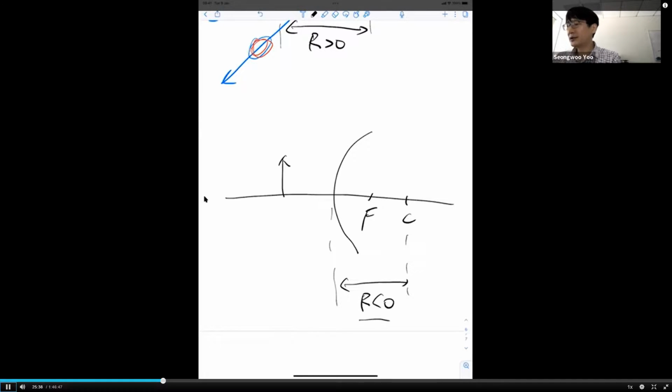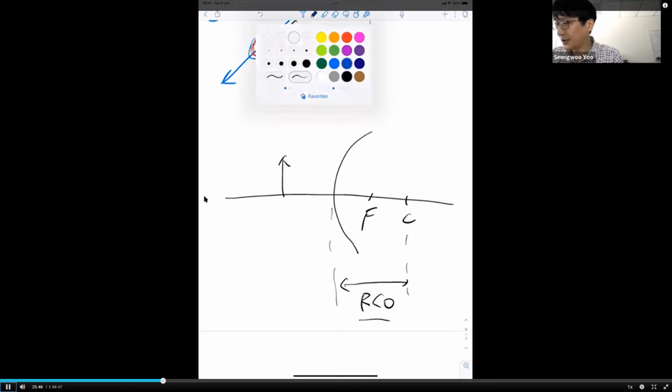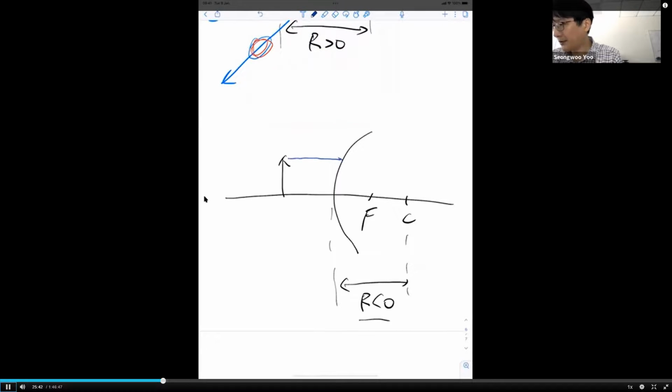Let me first start with this ray. An incident ray parallel to the principal axis will be reflected through this focal point. Now I want to draw a line like this, but I cannot do that because it is behind the mirror, and all the physical rays are reflected. Behind the mirror, there are no physical rays at all.